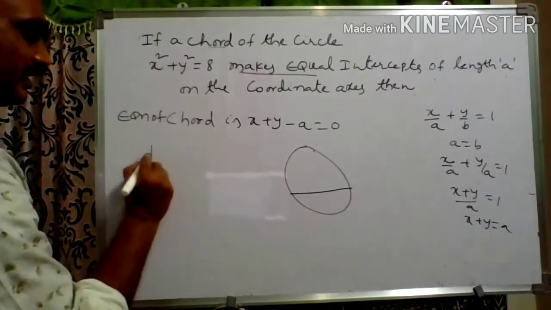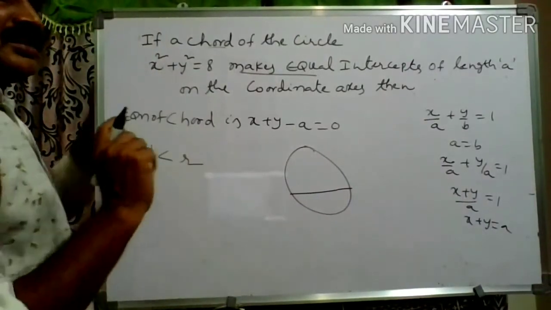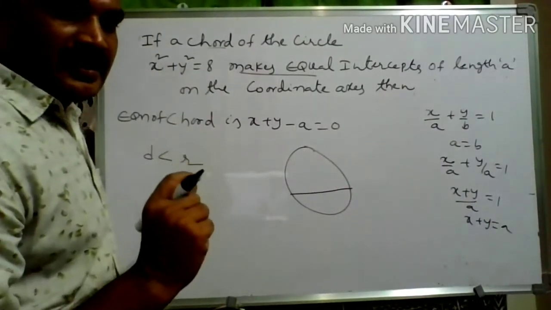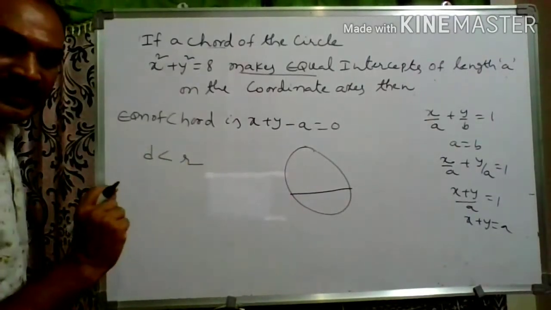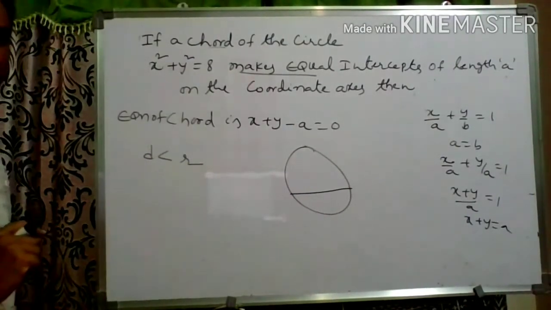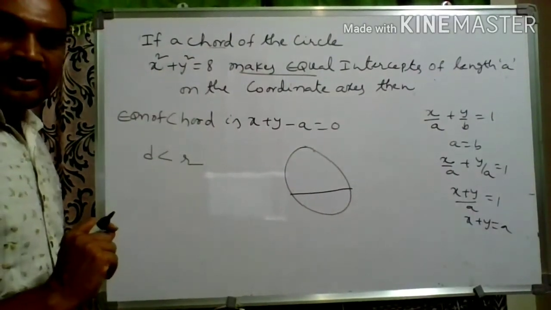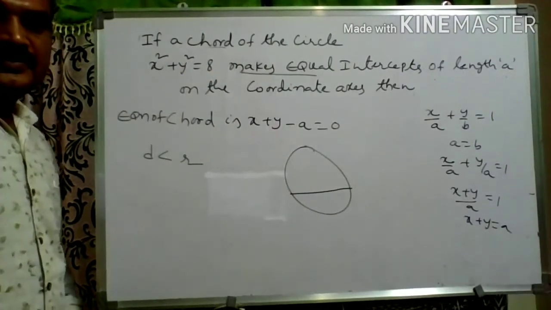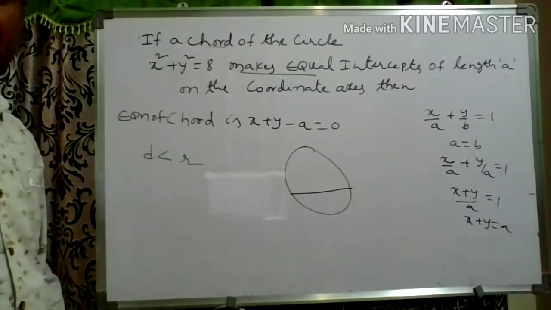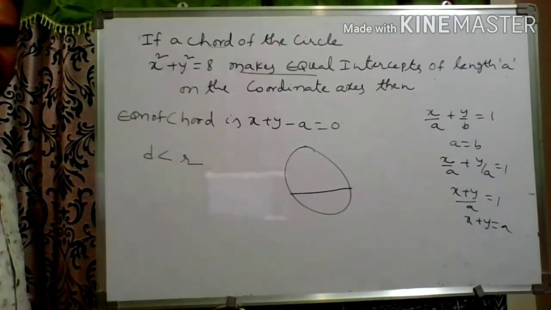Chord intersects the circle, formula D less than R. Does not intersect the circle, D greater than R. Touches the circle, D is equal to R. So intersect the circle, D less than R.